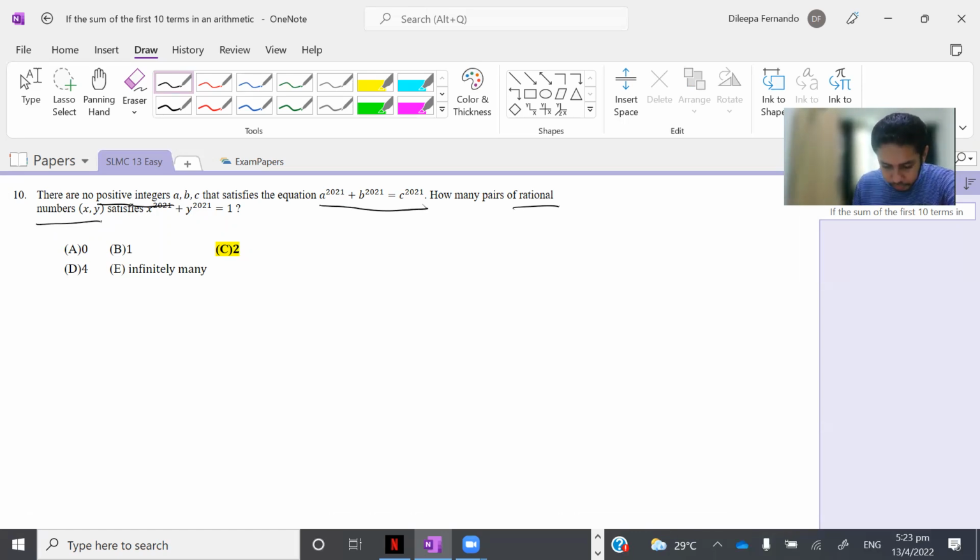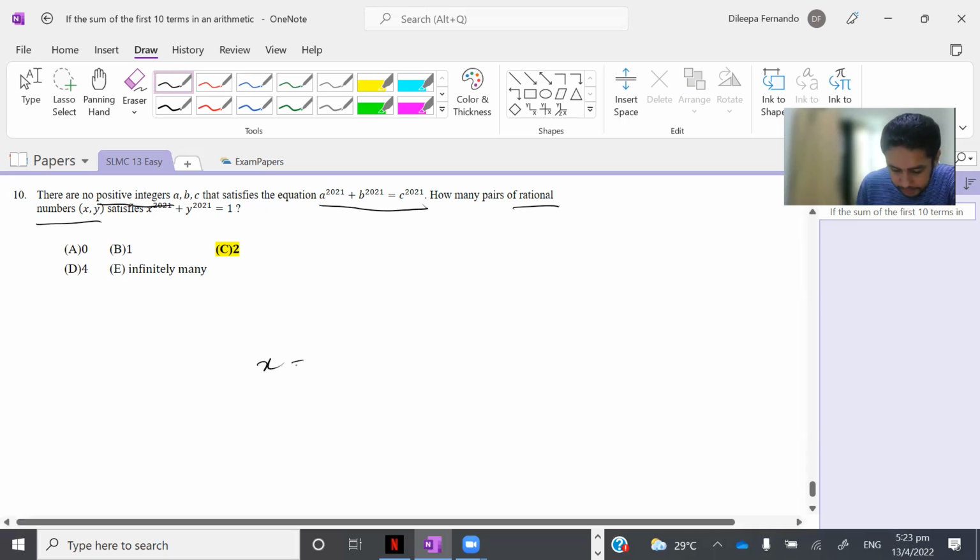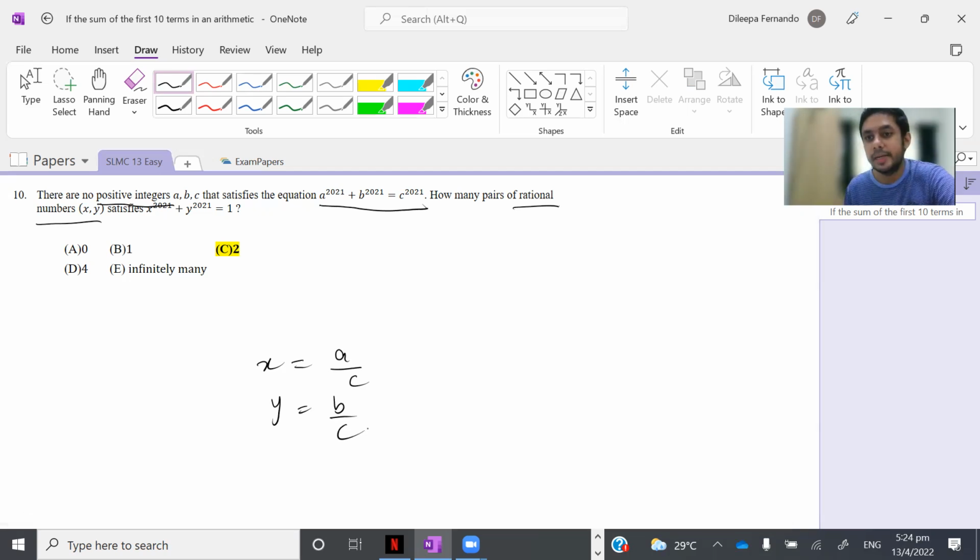Now, in order to make use of a, b, c, can we do something like this? So x can be a divided by c, y can be b divided by c. Is this always the case? Not according to the main definition, but we can prove this will be the case.